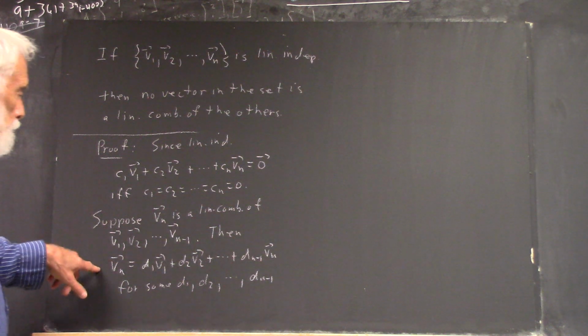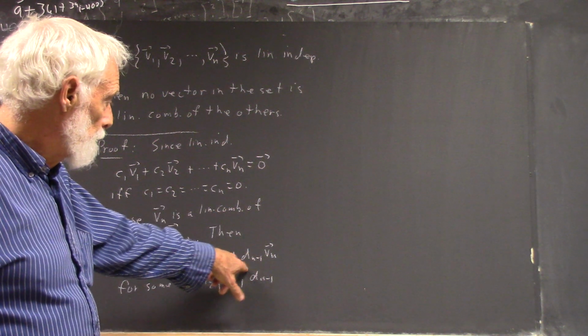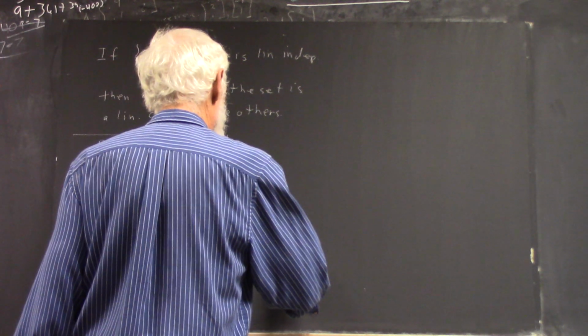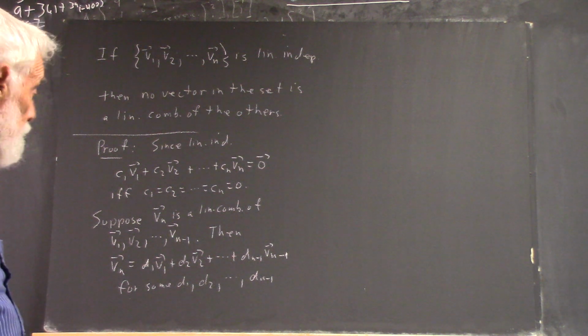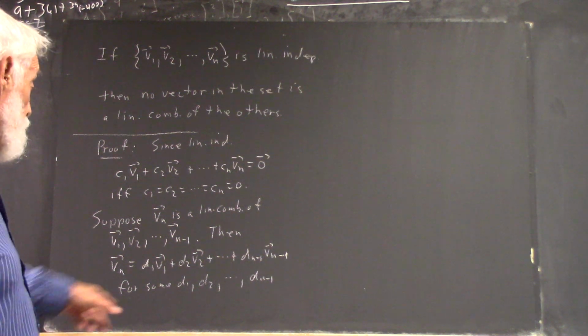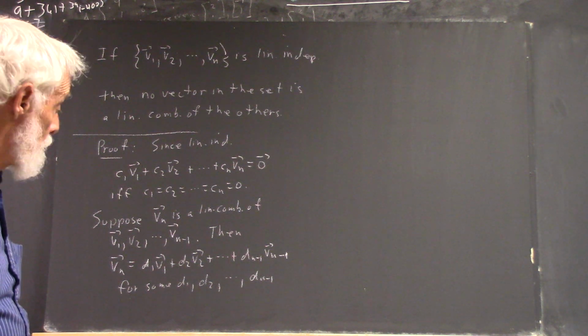Then Vn would be d1 v1 plus d2 v2 all the way up to dn minus 1 vn minus 1, not vn, for some constants d1 through dn minus 1.